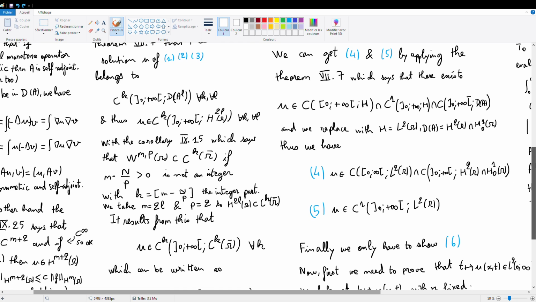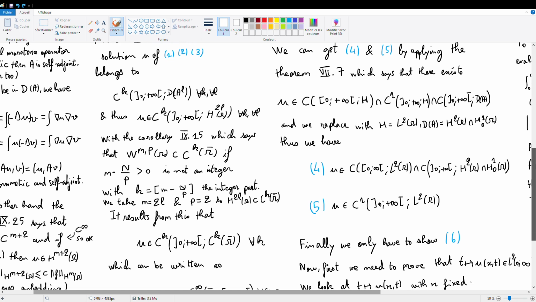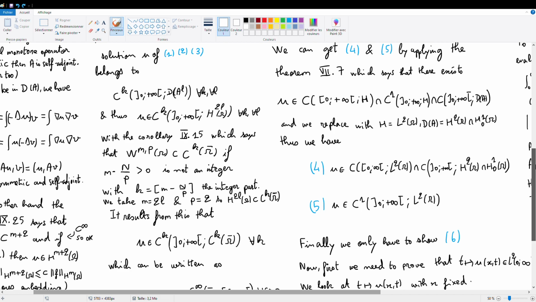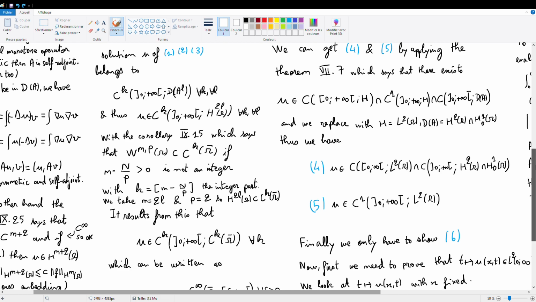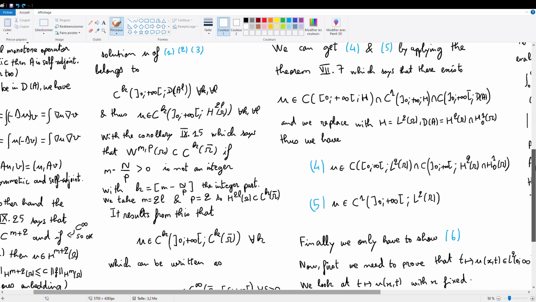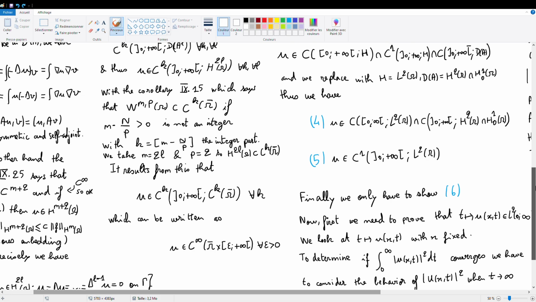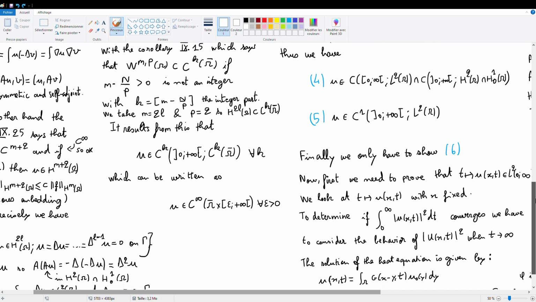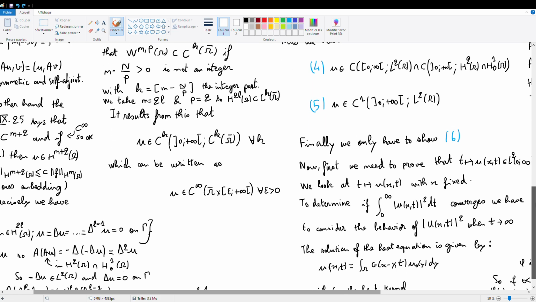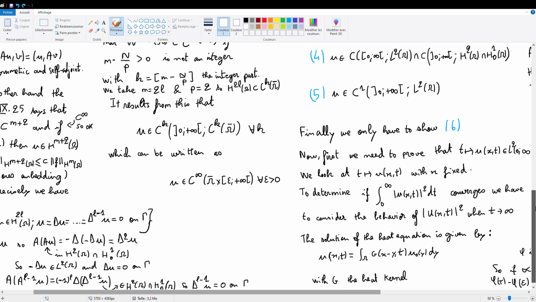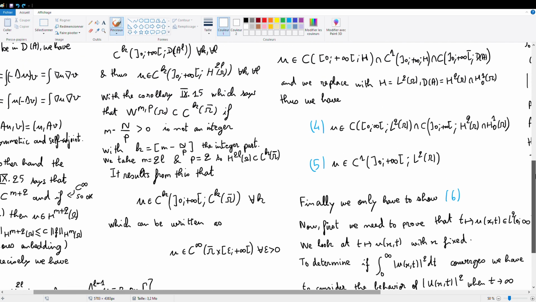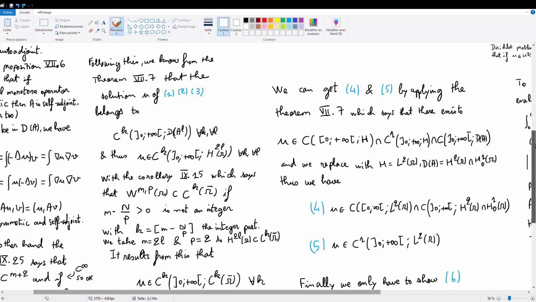We take m equal to 2l and p equal to 2, so H^(2l) is in C^k of omega bar. It results from this that U is in C^k(0, plus infinity; C^k(omega bar)) for all k, which can be written as U is in C infinity of omega bar times (0, plus infinity). And that's one of our conditions we just obtained.